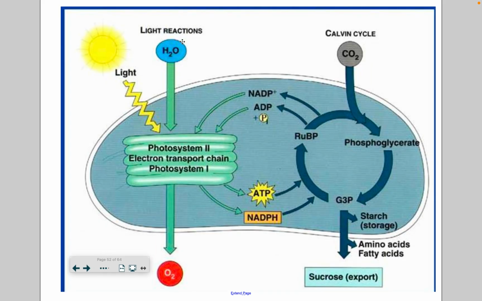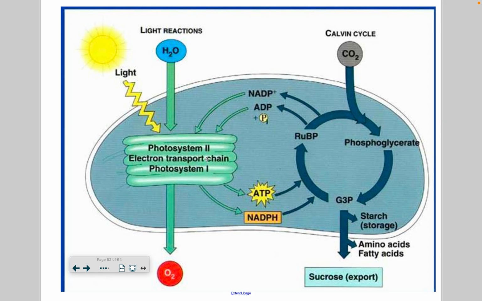So in summary, with our light-dependent reactions, water and light go into the chloroplast, specifically in the thylakoid membrane. Water splits, electrons go through the photosystem 2 down to the electron transport chain. When it's traveling through the ETC, hydrogen gets pumped across, and then those electrons go to photosystem 1 and get re-energized and get picked up by NADPH.